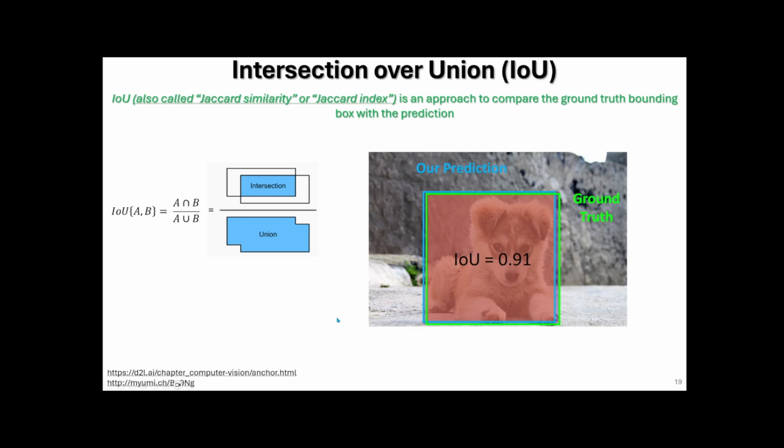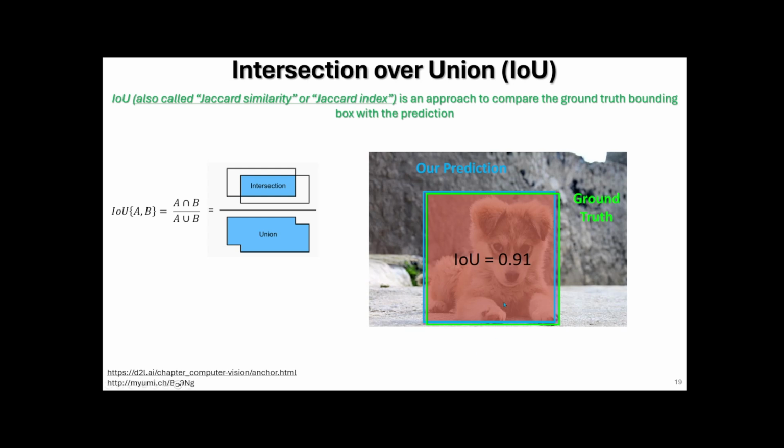And of course, as I said, the IoU score can be used for two purposes. One, for checking how good your prediction is, how close it is to the ground truth. You can also use it when you have 2-3 bounding boxes which are overlapping and redundant. You can use the IoU score to remove some of those redundant boxes, for example from your region proposal predictions, because many bounding boxes will be overlapping.